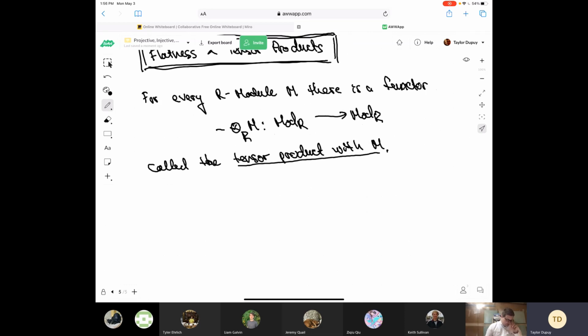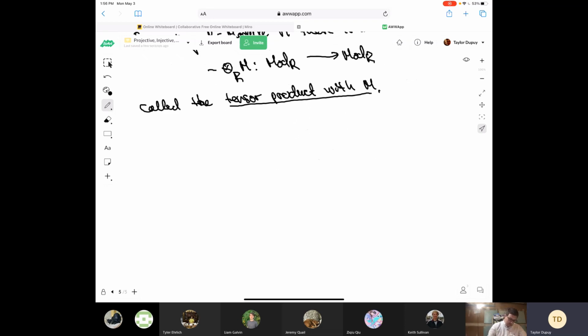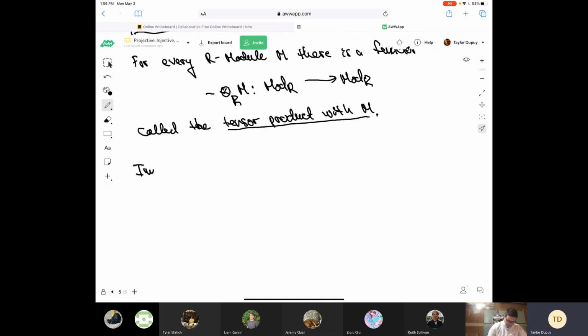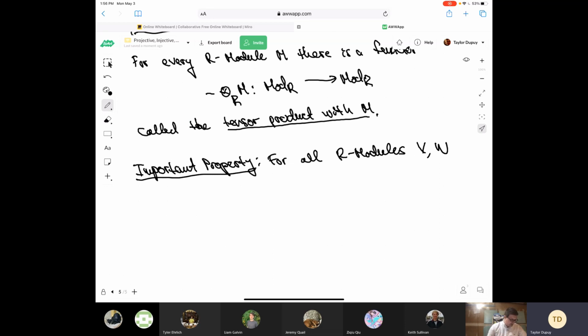And the most important property of this functor is that it's the adjoint of the Hom functor. Okay, so the most important property, or maybe it's the defining property if you want, but we're going to give some other descriptions of it. Important property is that for all R modules V and W, we have the following isomorphism.